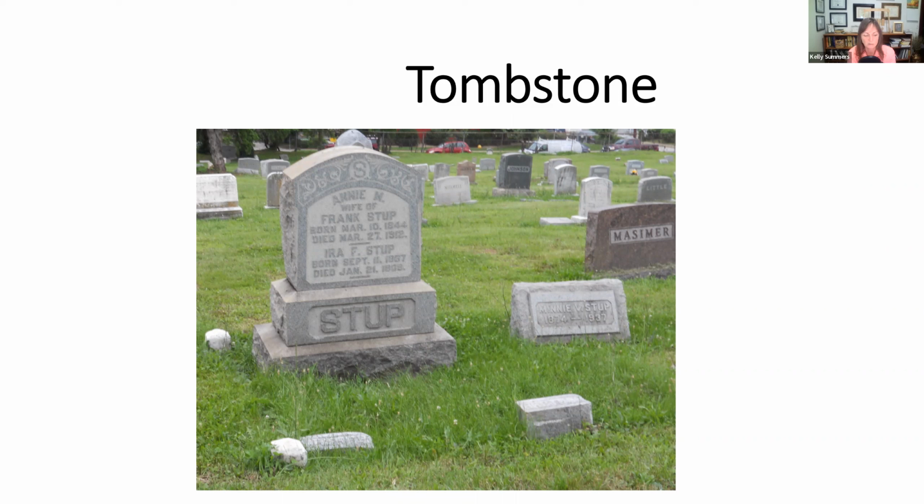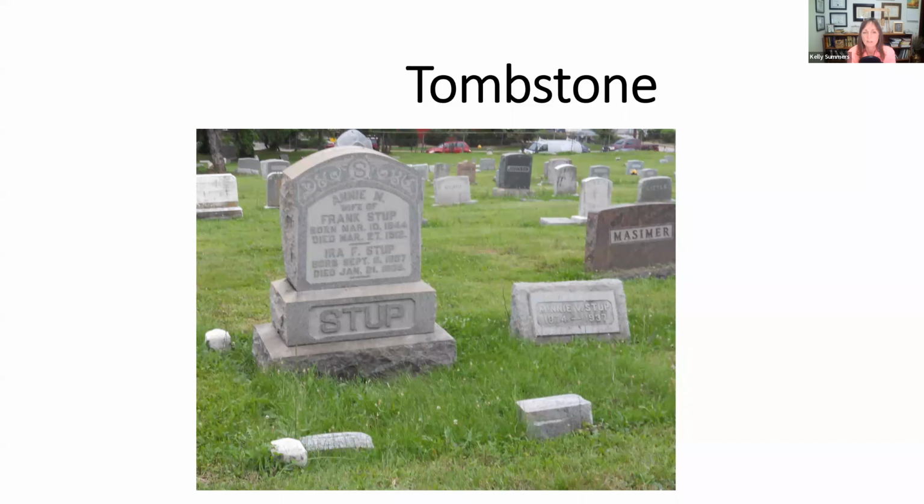So the tombstone can either be original or derivative. In this case, we can say it's original. Now, the case of when it might be a derivative is if a tombstone is replaced. That would be a derivative, not the original. Okay, so let's consider that this tombstone is an original.